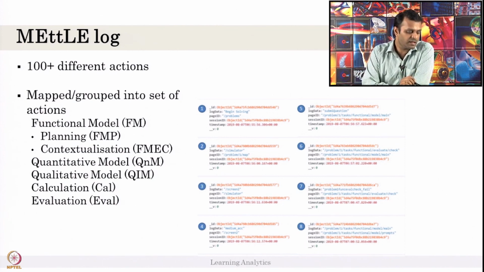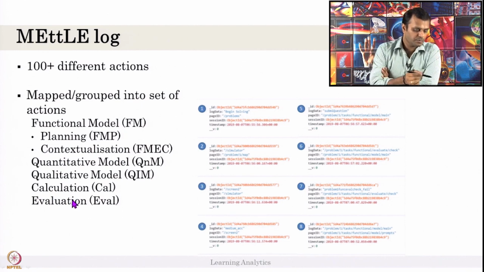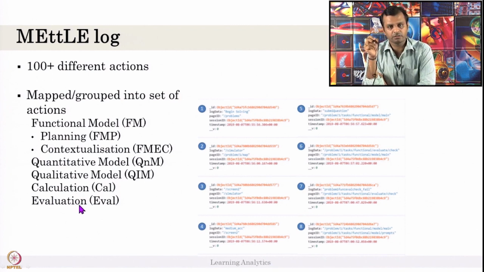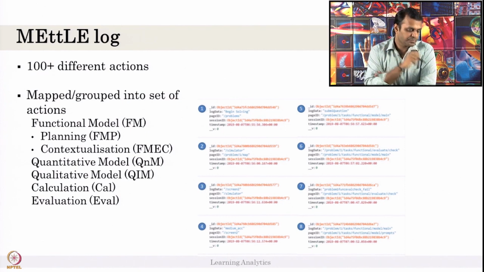If you remember, the problem map is divided into 3 major subtasks: functional model, quantitative model and qualitative model. Then it also has calculation and evaluation, plus the menu and simulator, the info and other tabs available for students to use.